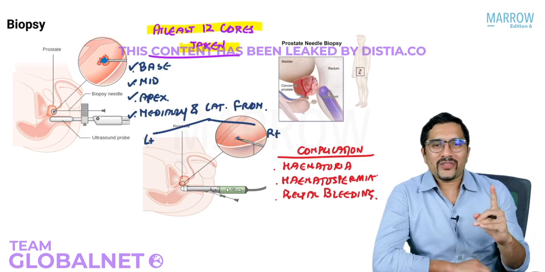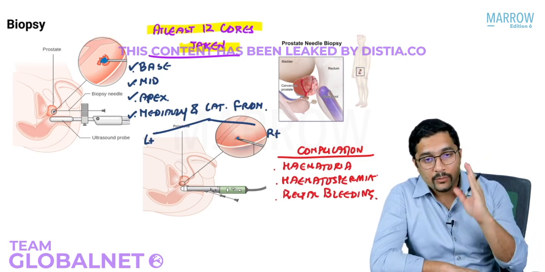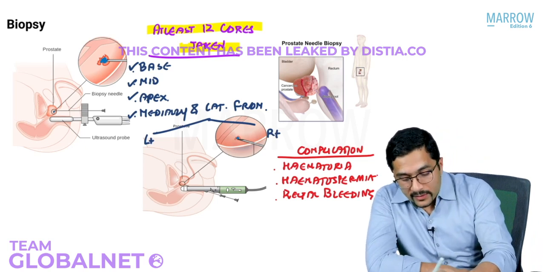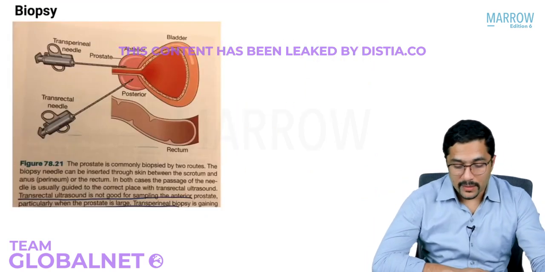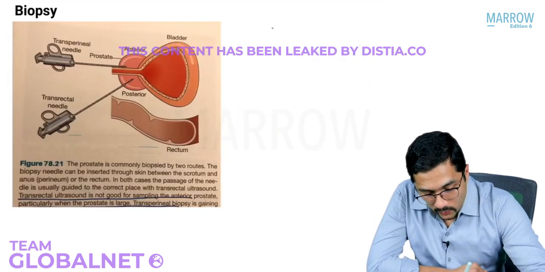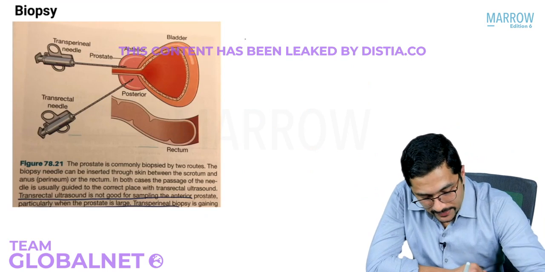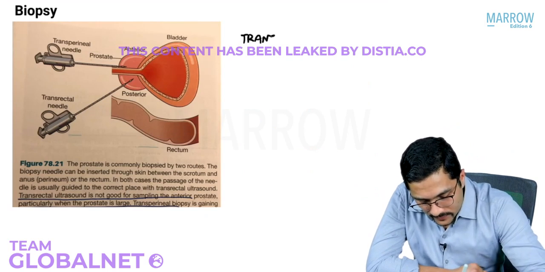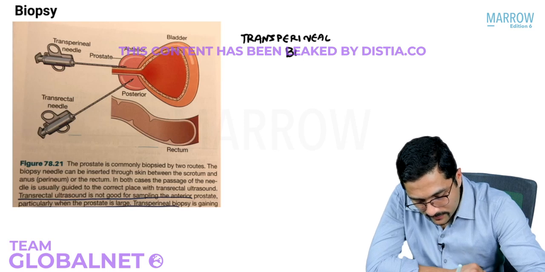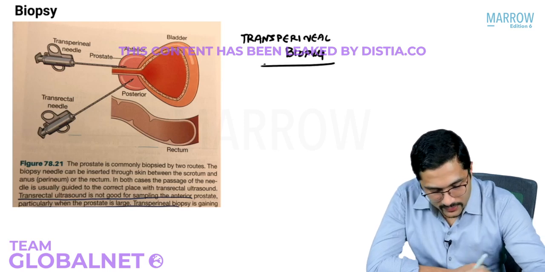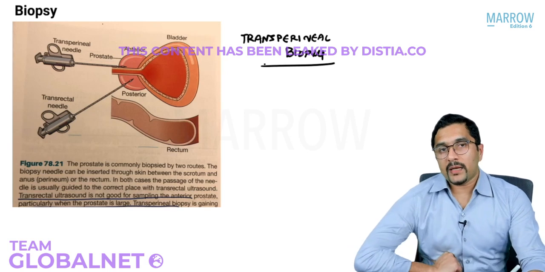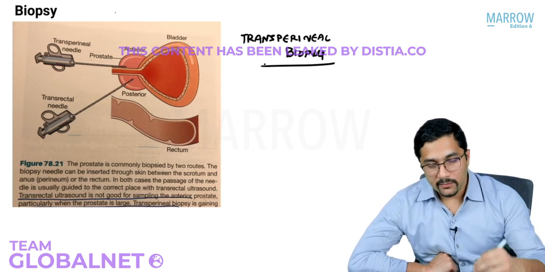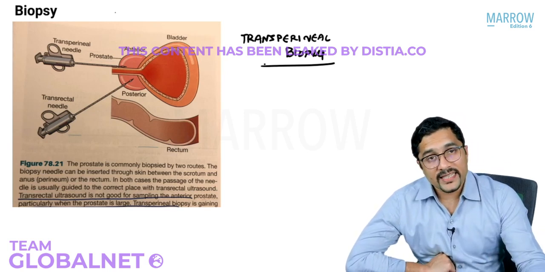Now, another new thing which is mentioned in Bailey, and this is a potential question for your exam, there's one more type of biopsy which has been mentioned, that is known as the transperineal biopsy. You can see in the transperineal biopsy that we go through the perineum and we are basically targeting the anterior lobe.